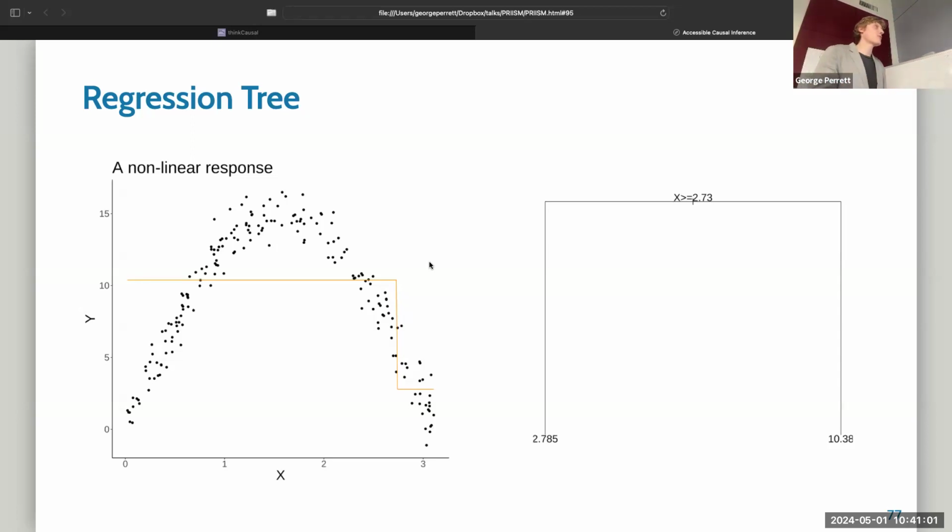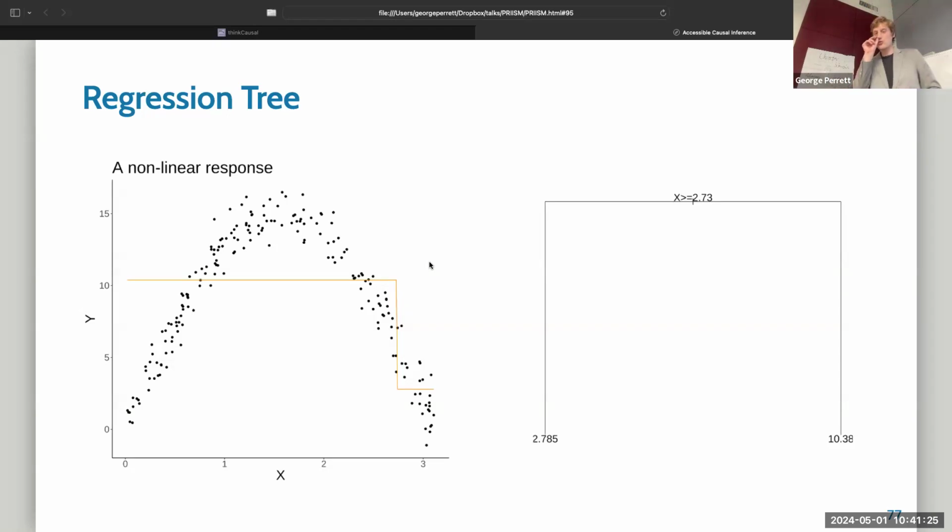We could think of regression trees as actually an extension of ANOVA, analysis of variance, where ANOVA usually has categorical predictors. Here we have a continuous variable, and we're trying to make it into the best categorical variable we can. We're trying to make cuts that explain the most variation in the outcome. So our first cut is going to be at X of 2.7.